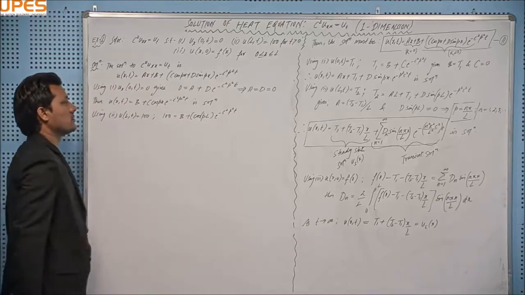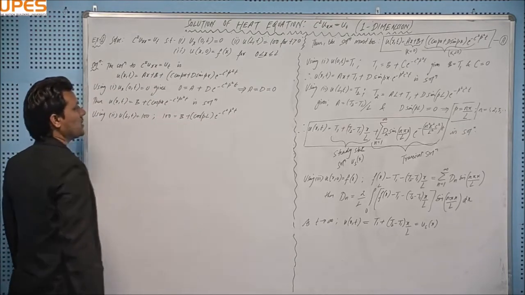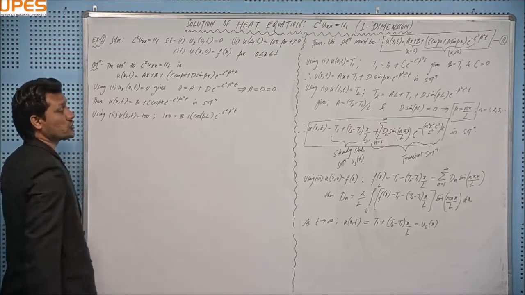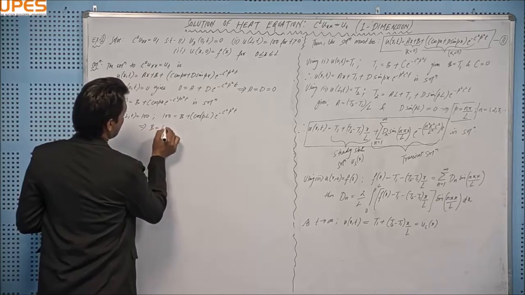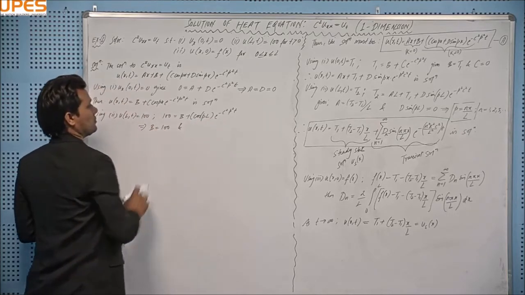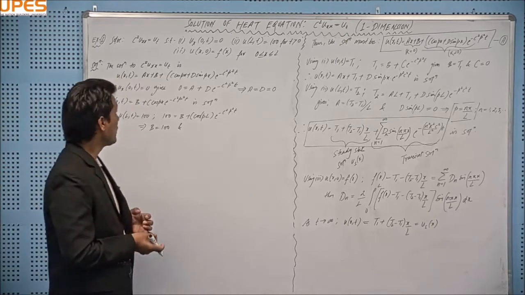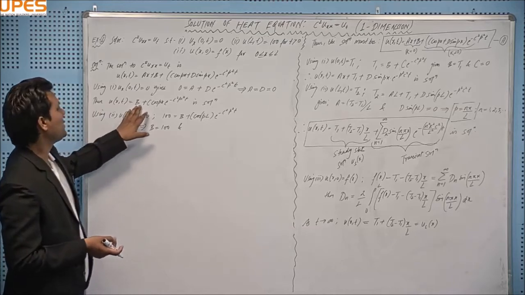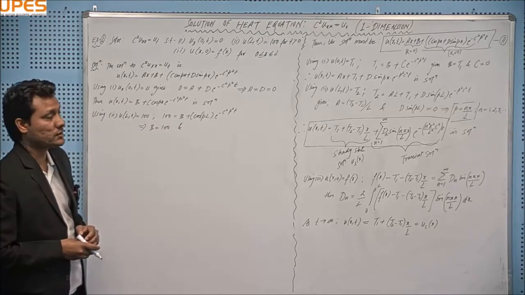Then on again doing comparison on both sides, we will get b equal to 100, and c times cos pL equal to 0, right? Do not take c equal to 0, because that will give me u(x, t) equal to b, a constant solution, and that will not be a good choice, right?